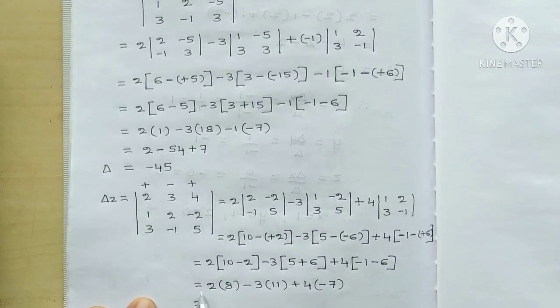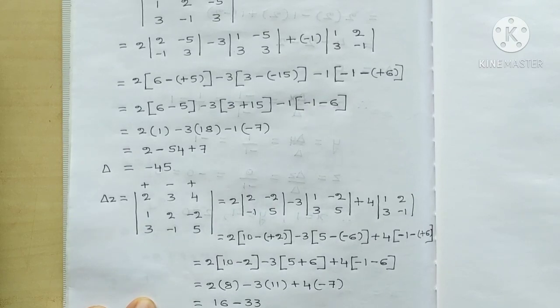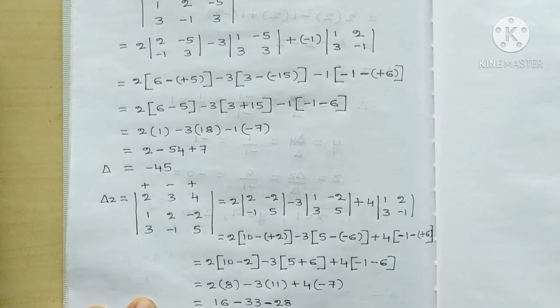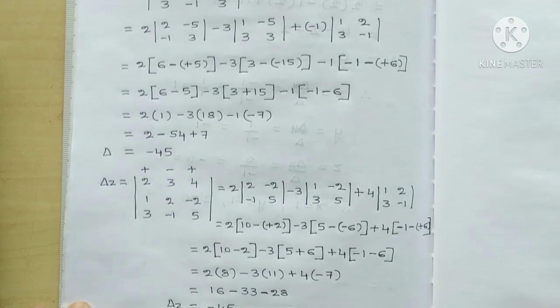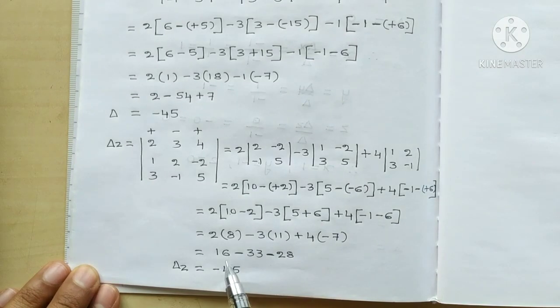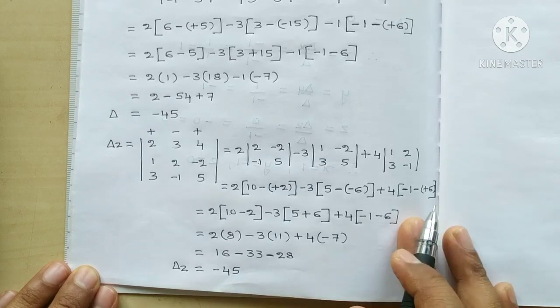So which is equals to 8 into 2, 16, minus 11 into 3, 33, plus into minus is minus 7 into 4, 28. So now add and subtract, you will get how much here? Minus 45. So this is the value of delta Z. So 16 minus 33 minus 28, add and subtract, delta Z is equals to minus 45.